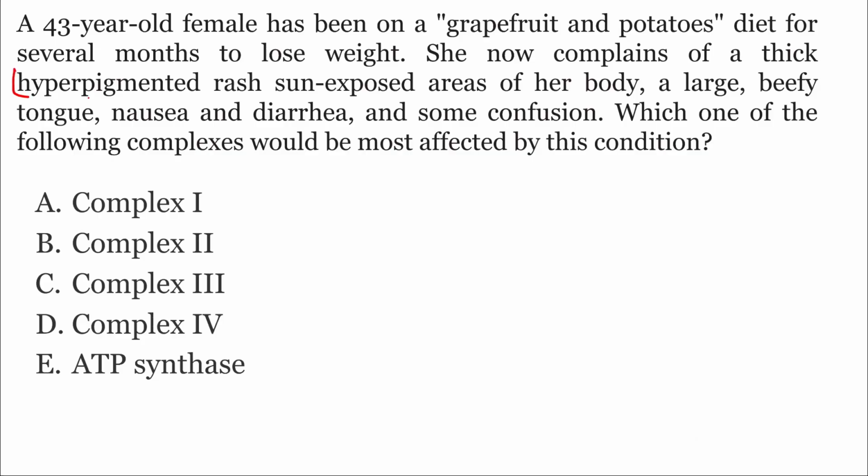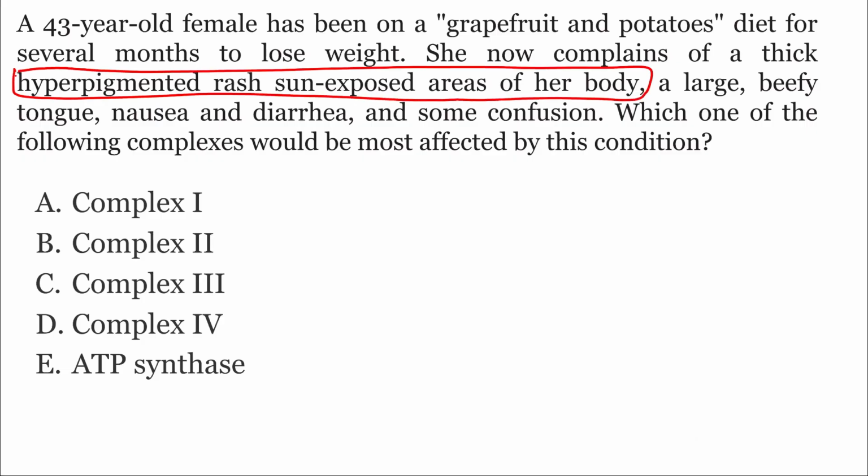So I have introduced this when I started electron transport chain. This stem, it's the same stem. So now you all know what is the vitamin that is deficient, right? Diarrhea, dermatitis, dementia. So the vitamin that is deficient is niacin, vitamin B3.